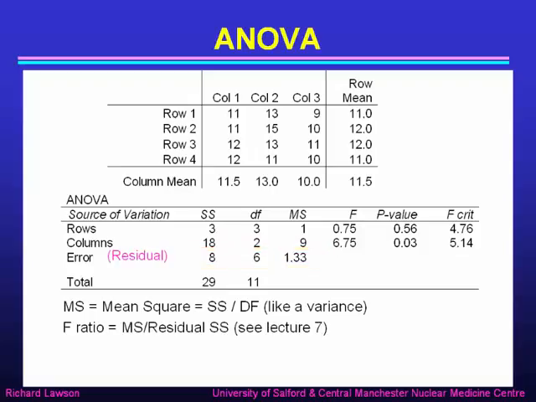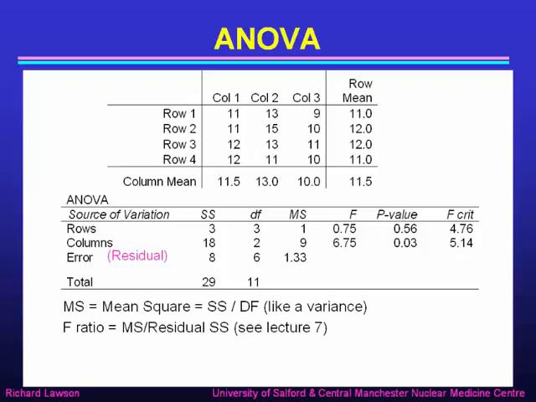Then we calculate the F ratio, which is the ratio of the mean square for the row or column divided by the residual sum of squares, what it calls the error sum of squares here. We'll deal with that more in lecture 7, where we talk about variances.